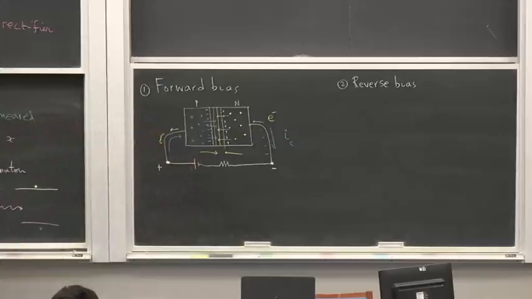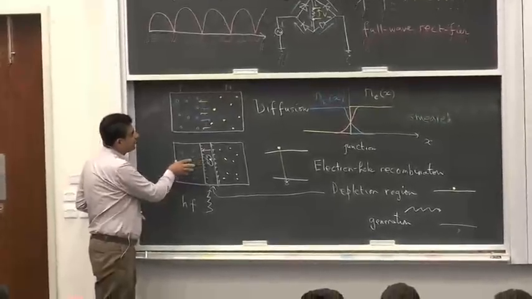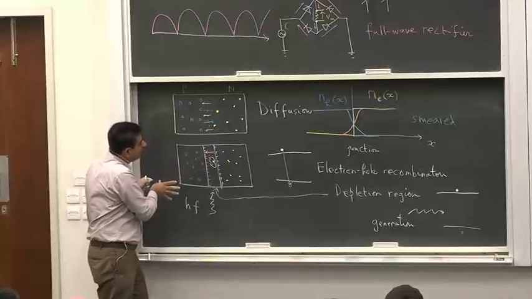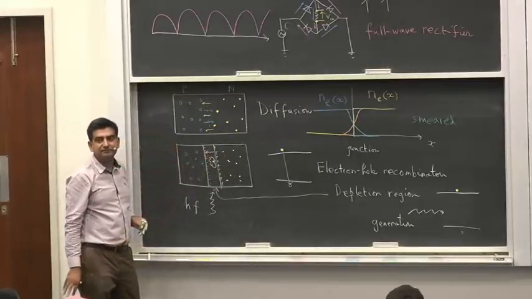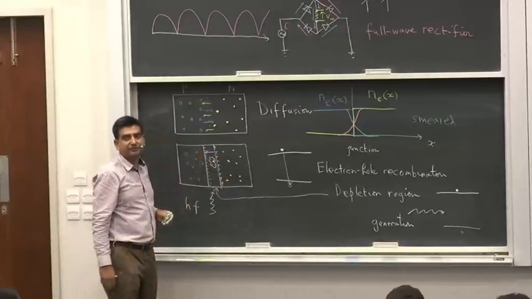So you see in this case there is an electric field inside this region. The direction of the electric field is this, positive to negative. So what this does is that the holes would like to move, they find it difficult to move towards the interface. And these electrons find it difficult to move towards the interface.